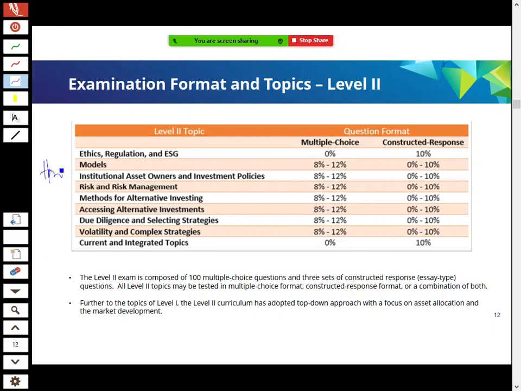Also very important, and very practical, is due diligence. How to select different strategies. Hedge fund, for example, is a very generic term. Within the hedge fund area, there are a lot of different strategies, and they can produce a lot of different risk-return profiles.